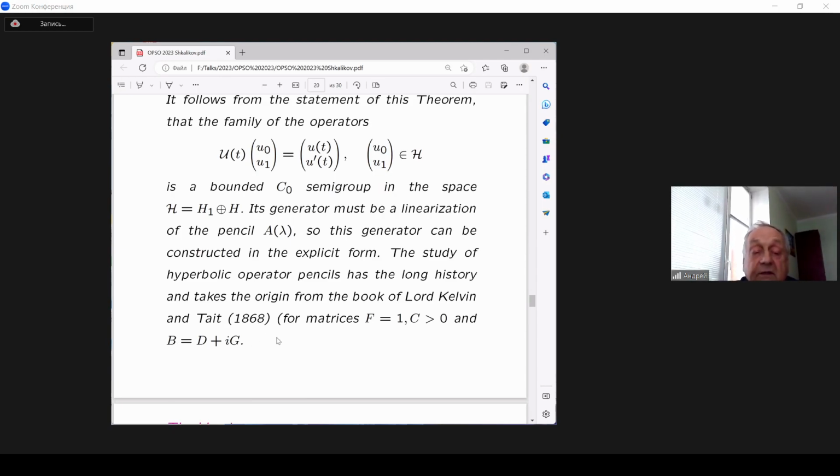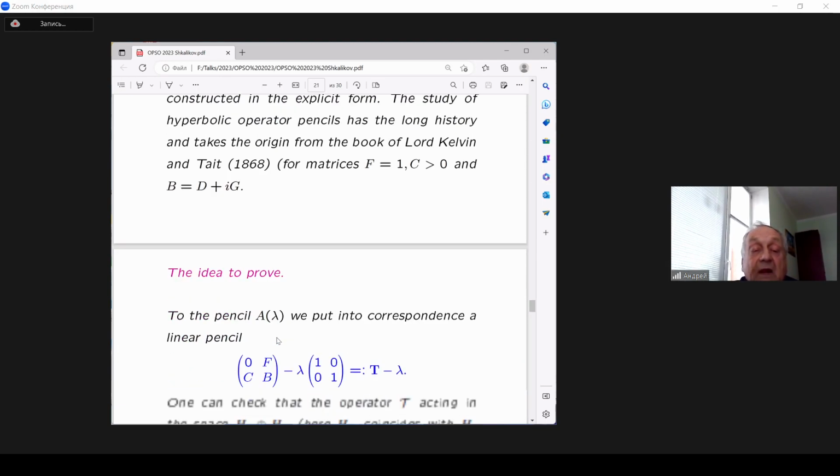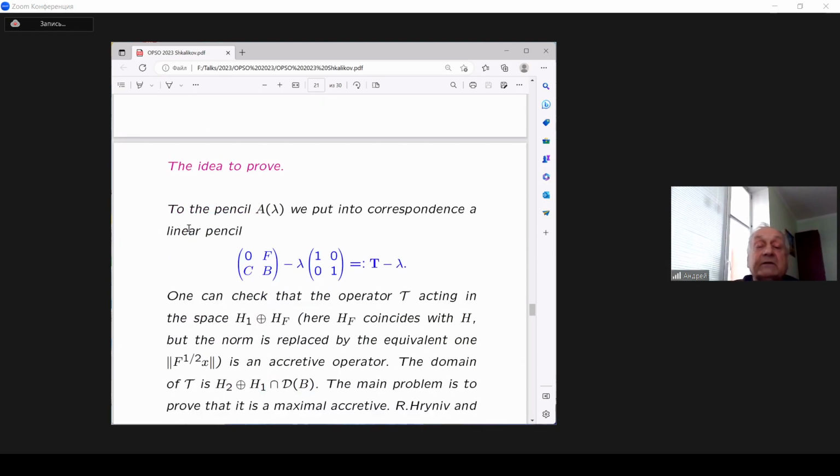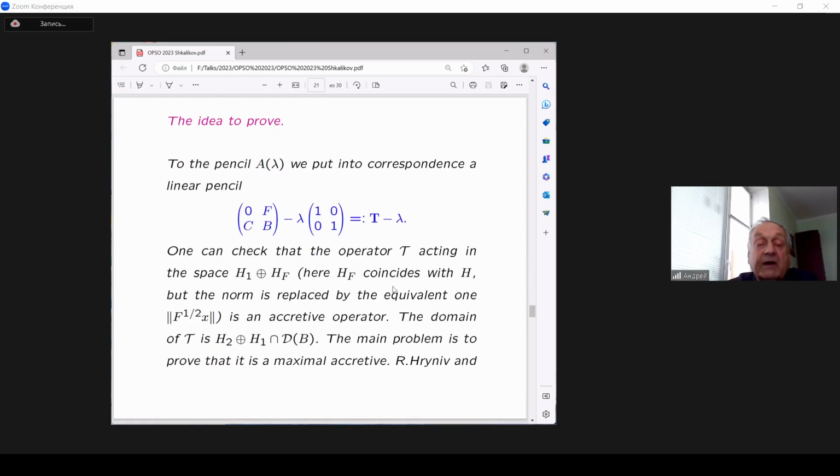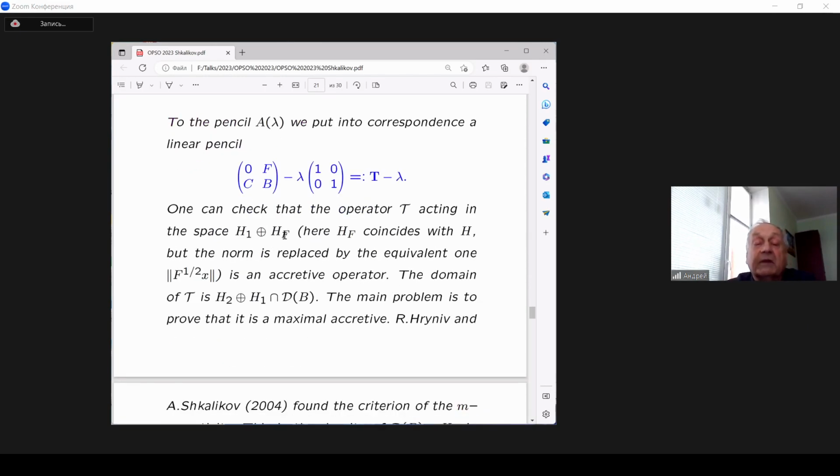So B is an accretive matrix. The idea to prove: to the pencil A of lambda, we put into correspondence a linear pencil. So this matrix operator is denoted by bold T. And one can check that operator T acts in the space H1 plus H_F, where H_F coincides with H, but the norm is replaced by the equivalent norm, this one.